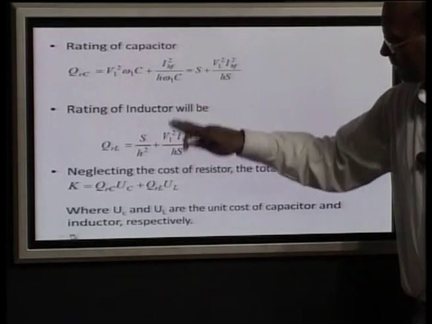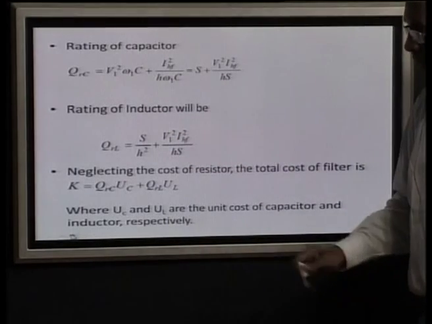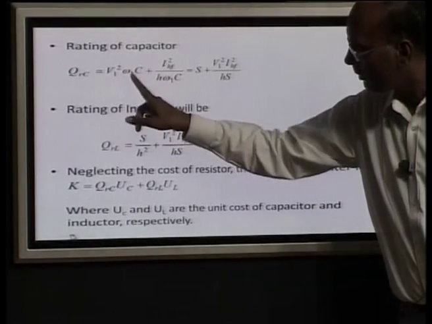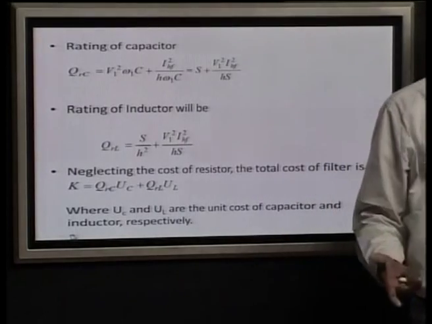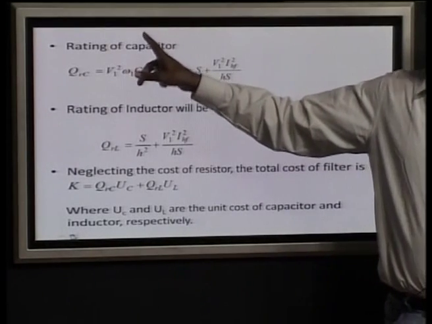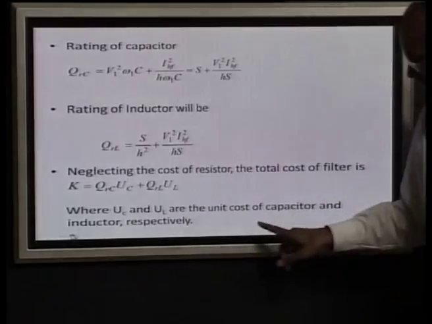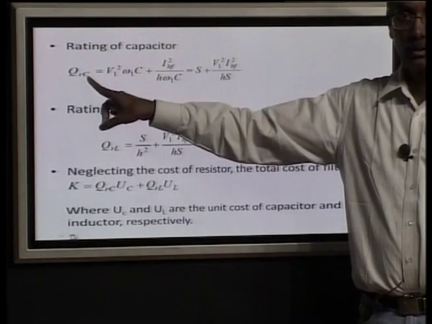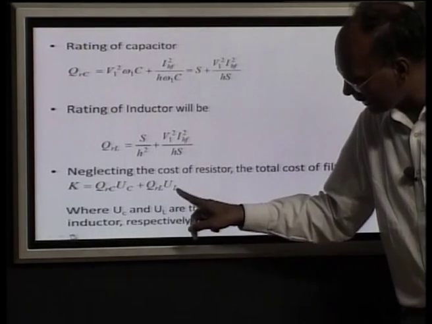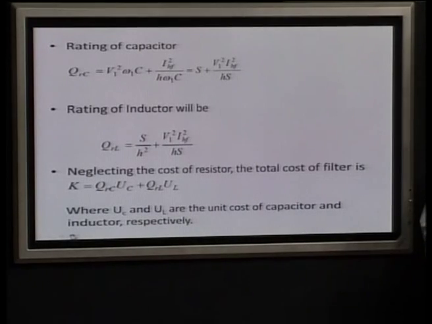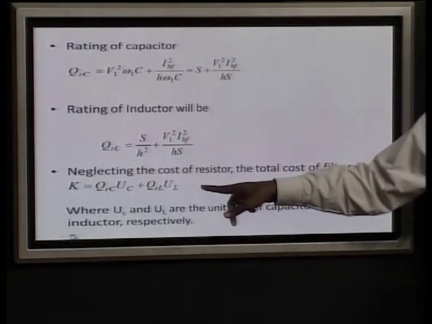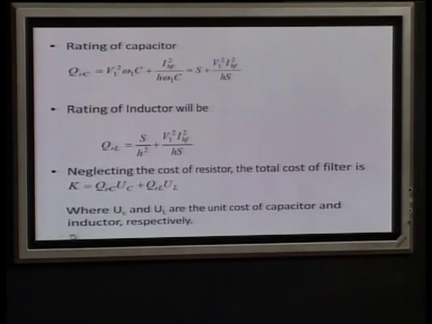From these two expressions, if the unit cost of the capacitor is UC, in dollars per MVAR, and UL is the unit cost of the inductor, in dollars per MVAR of reactive power support, then your total cost will be this, if you are ignoring the resistor cost.